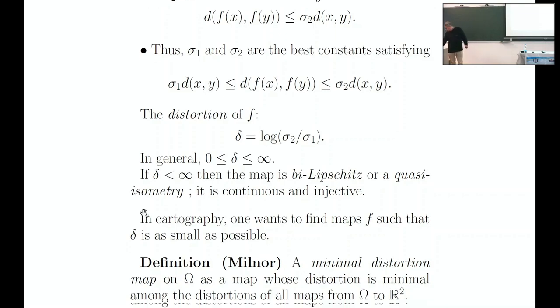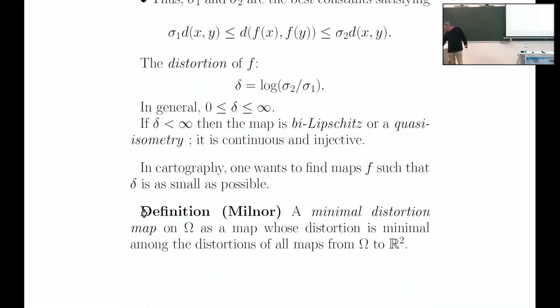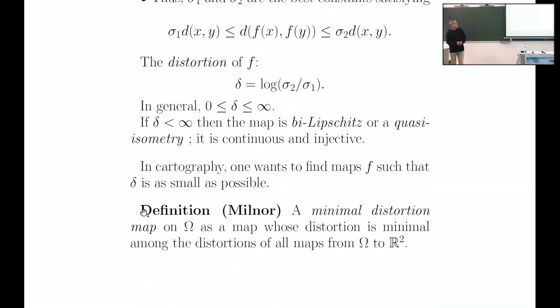Yes, you are right. Okay, and then Milnor defines, well, a Milnor minimal distortion map is a map whose distortion is minimal among all maps. I take all maps. So the paper is called A Problem in Geography, and this is a geographical map.